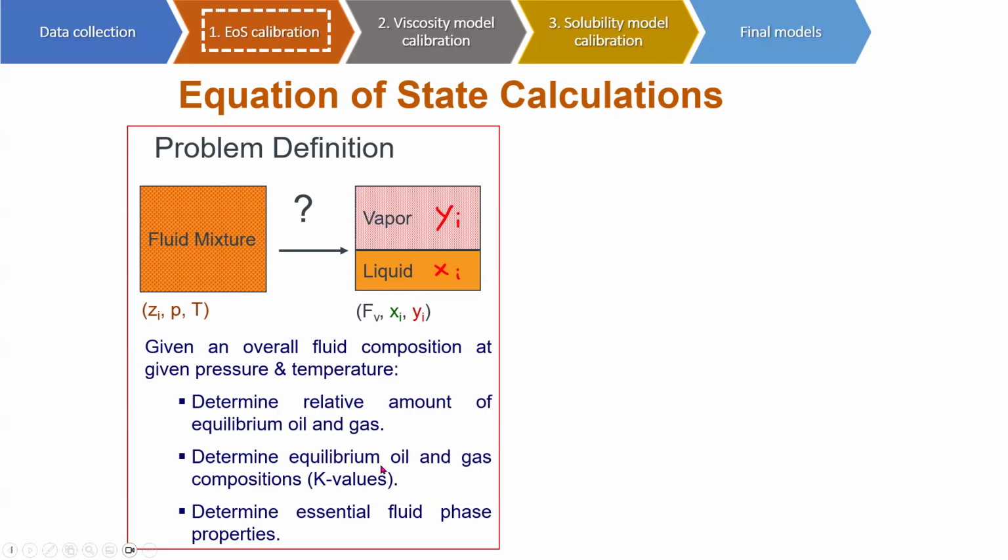You can use it to calculate the K value. Actually, the K value is computed before, but just to mention, the K value is the relationship between the Y and X of this component. And beyond predicting the relative amount, you can predict the properties of those phases. You can predict the density of this liquid and the density of this vapor.